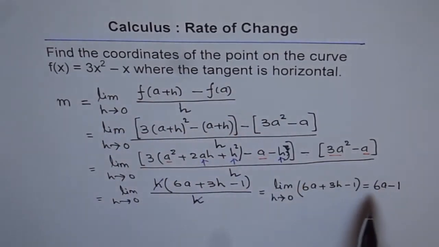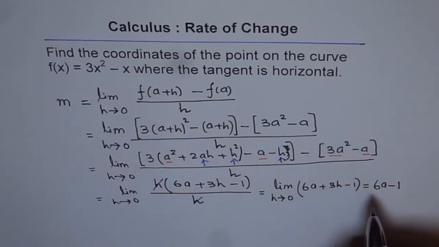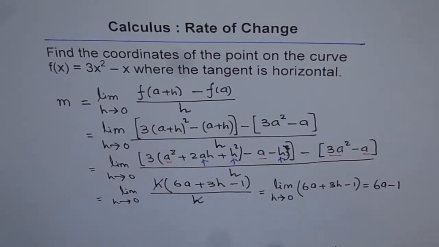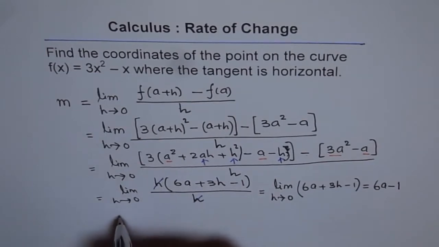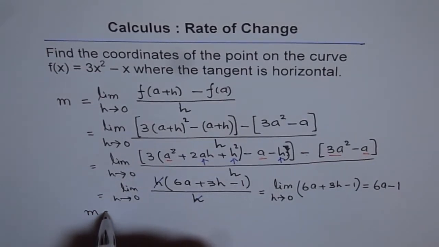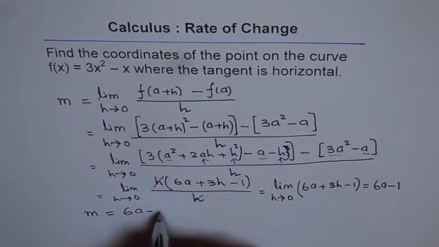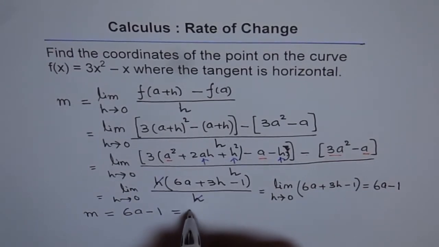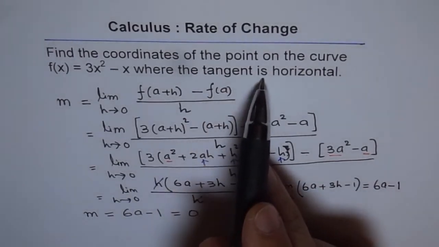When you're saying horizontal, this slope should be 0, correct? So we have to solve when this slope is 0. That is what we want. So m, which we want, is 6a minus 1, but we want this to be 0. That means the tangent is horizontal.